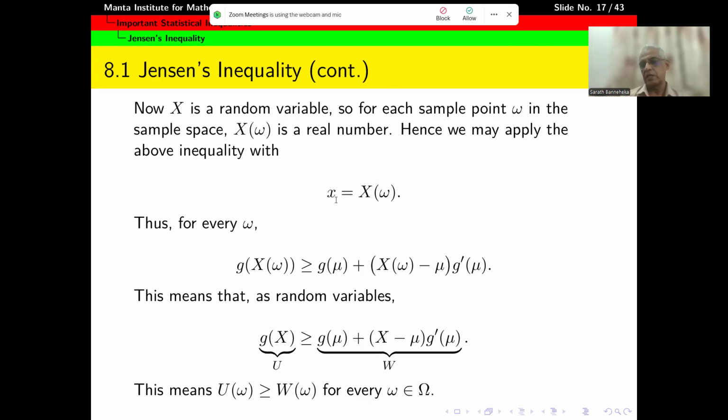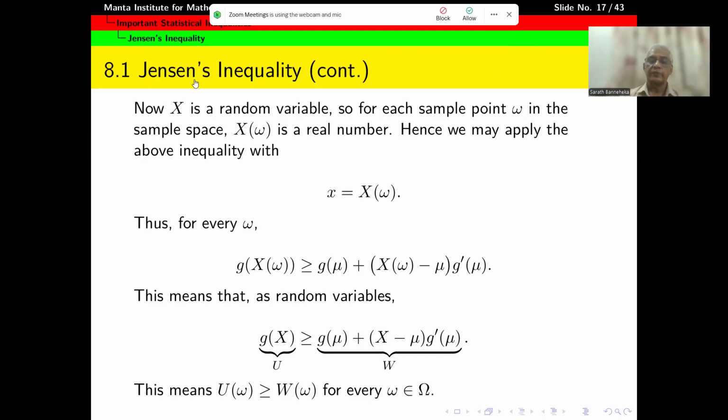If you consider any element in the sample space, say omega, then when you evaluate the function X on that element omega, you will get a real number, and suppose that real number is x.